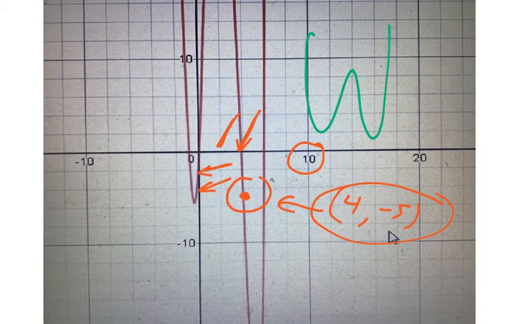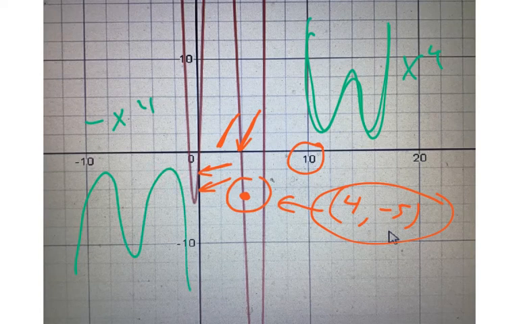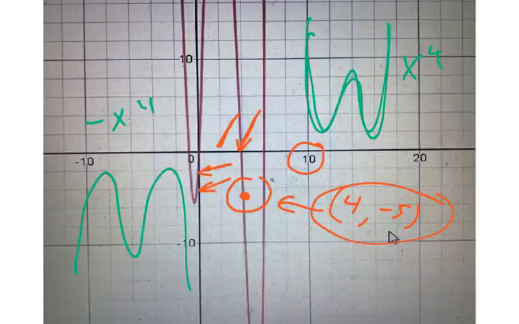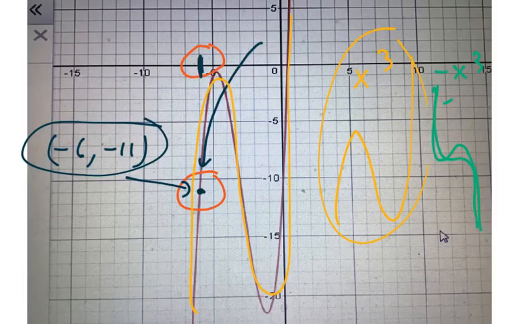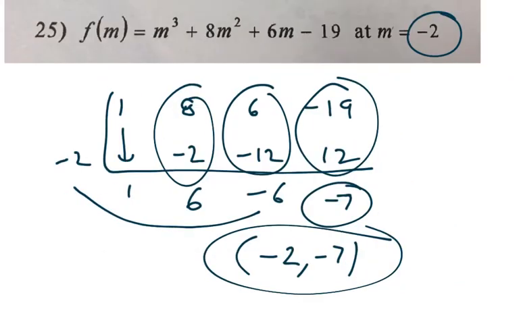So try to remember x to the 4ths always make like a curvy W kind of shape. Okay? If it was a negative x to the 4th, then it would open up and down like that. So it would be a curvy M shape. All right? But I just want to add that on there just for a little added instruction.